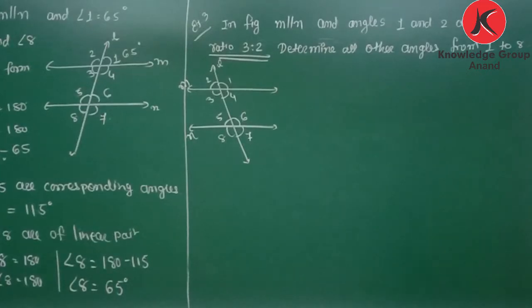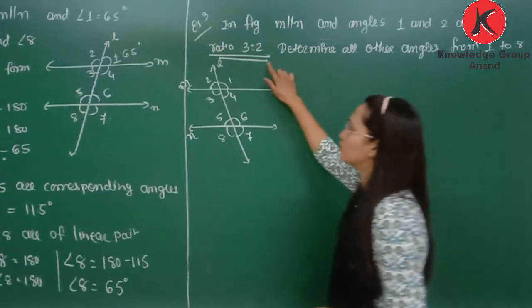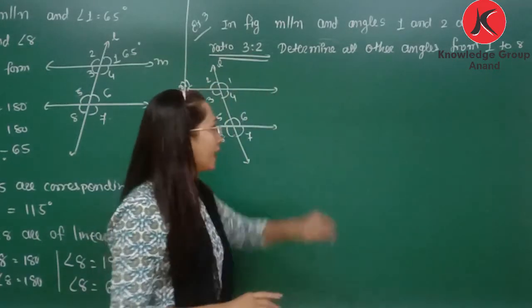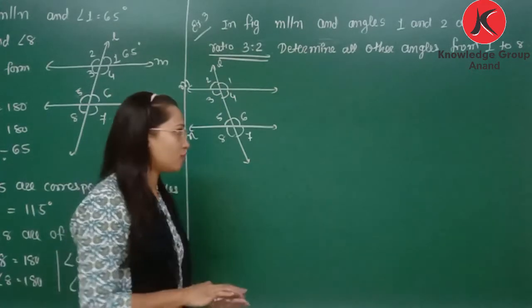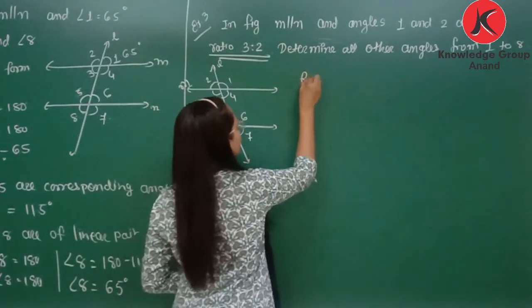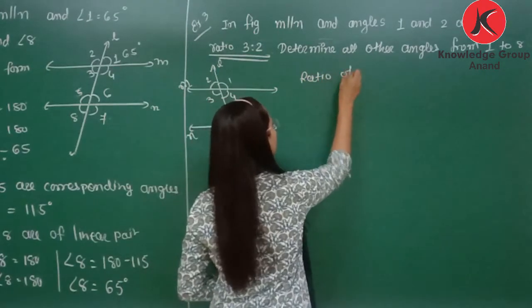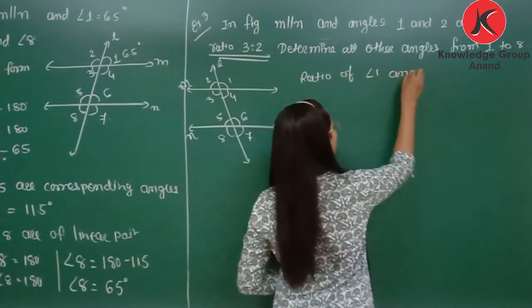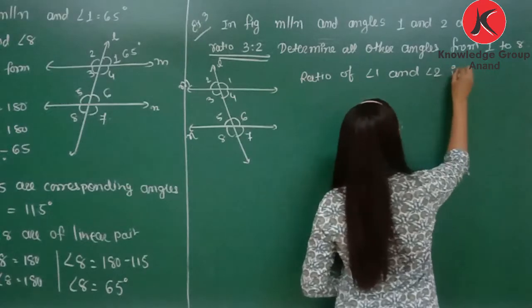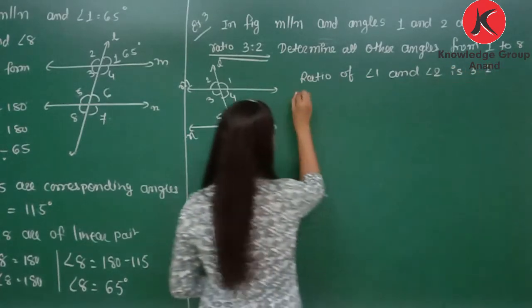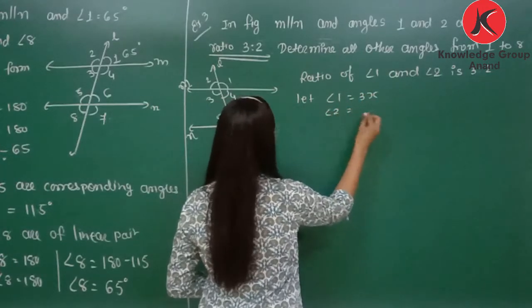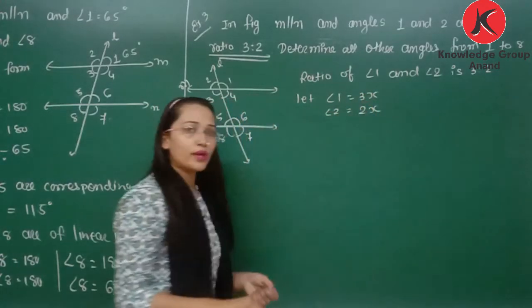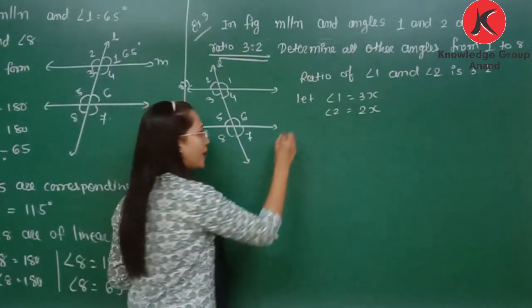So here what is given? Angle 1 and angle 2 are in ratio 3:2. But we know that angle 1 and angle 2 form a linear pair. So let angle 1 be 3x and angle 2 be 2x.